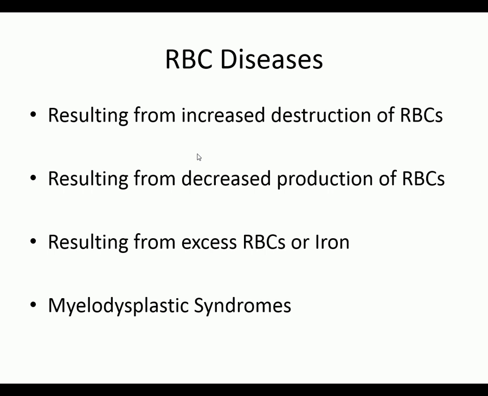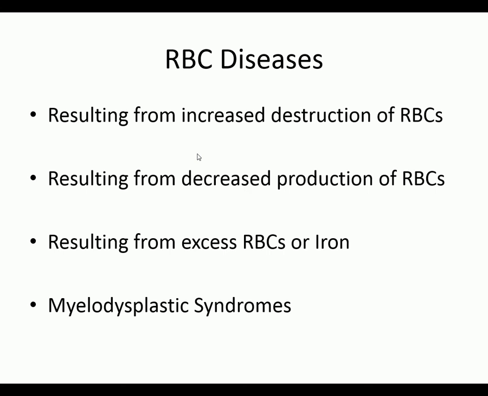Now, red blood cell diseases can result from an increased destruction of your red blood cells, like sickle cell anemia or your G6PD deficiency anemia, which is glucose 6-phosphate dehydrogenase deficiency anemia, and your hemolytic anemias. Okay. They can also result from a decreased production of red blood cells, which is going to be like your iron deficiency anemias, your vitamin B12 deficiency anemias, and folic acid deficiency anemias, and your aplastic anemia also falls in here.